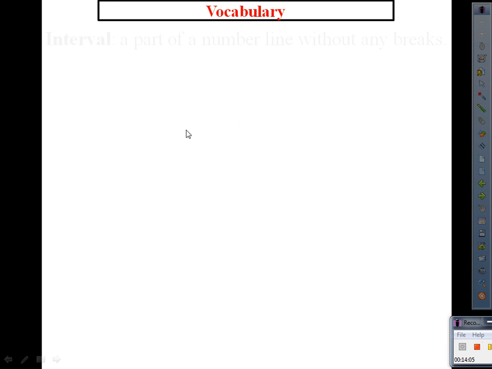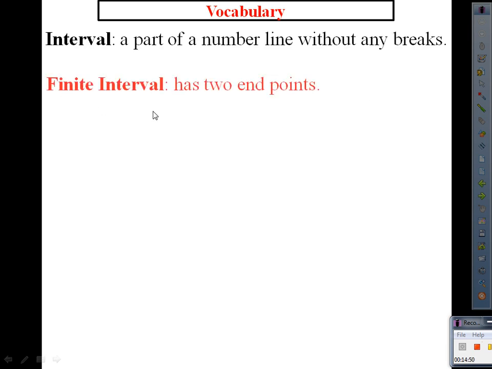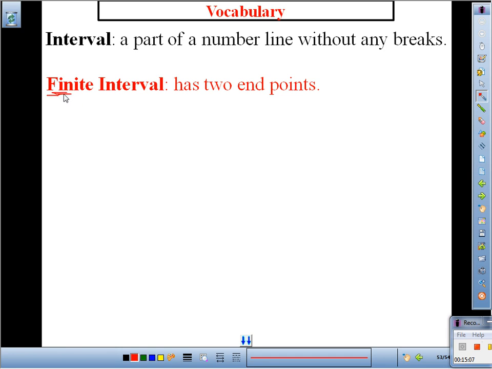There's 2 types of intervals. The first one is called finite interval. Finite comes from the Latin root word finito. Who's heard of that before? Finito? No? Some of you? I've used it before, but finito means, in Spanish, we use the first three letters. You guys remember the word fin, which means end.